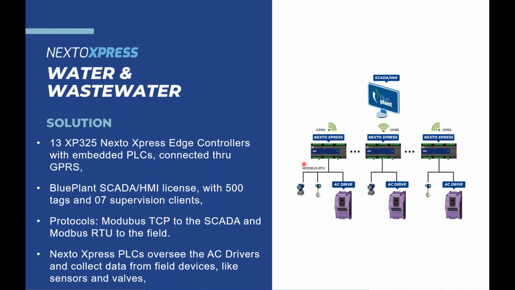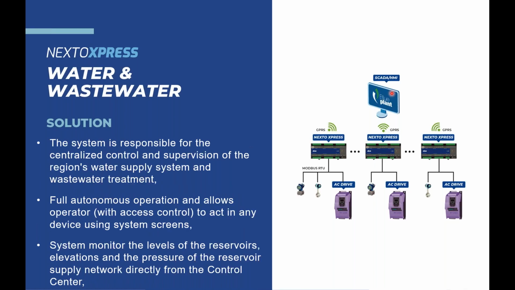We have control in each unit, so each unit is controlling that field and sending all the information to the control center. The system is responsible for centralizing all control and supervision of the water supply system. There is full autonomy, so even if we lose the connection to the SCADA system, we keep control in each unit.